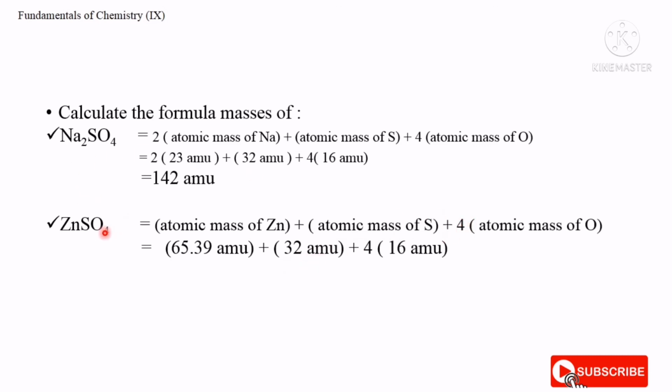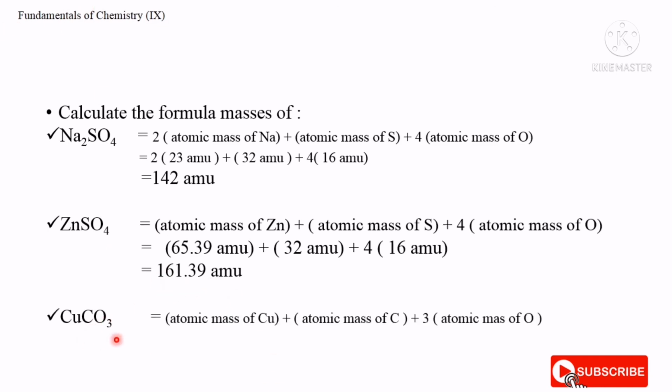And as we have 4 atoms of oxygen, so 4 multiplied by the atomic mass of oxygen, that is 16 atomic mass units. By simply putting in the values of atomic masses, we can calculate the formula mass of zinc sulfate, that is equal to 161.39 atomic mass units.